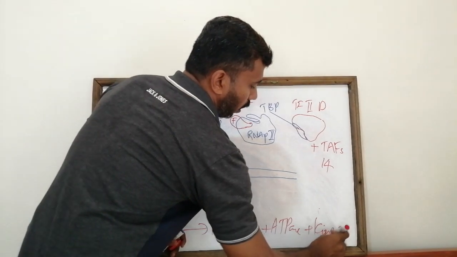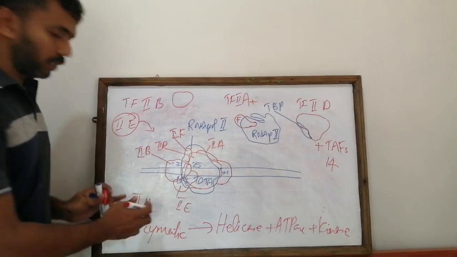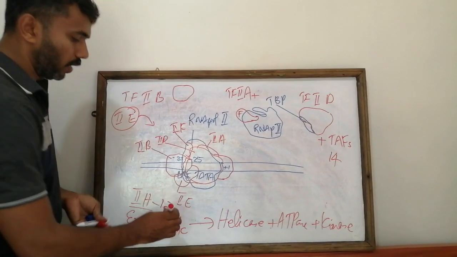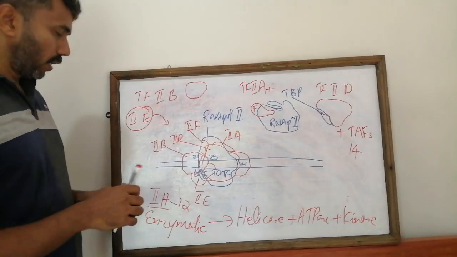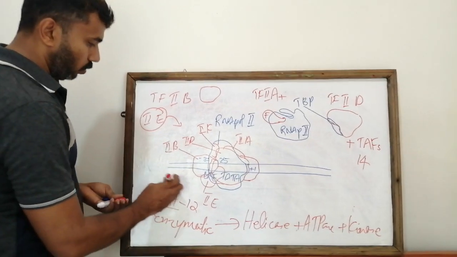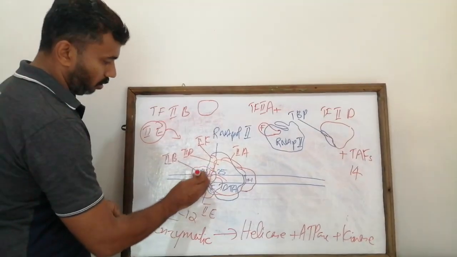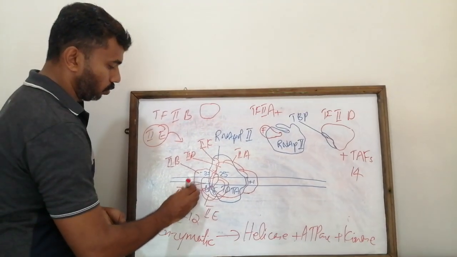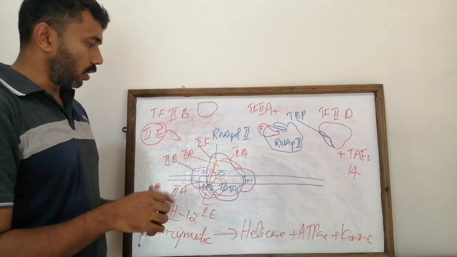All these activities reside within this TF2H, and it consists of around 12 different subunits. So this protein will be binding over this one. So TF2H is also recruited to this complex.